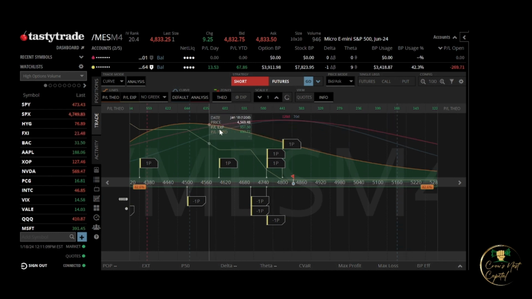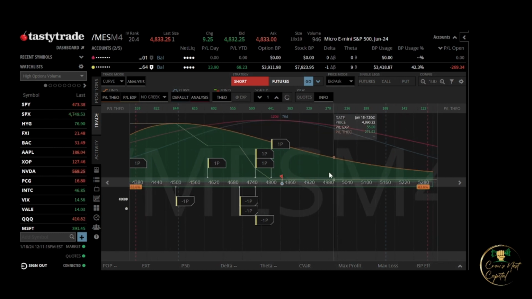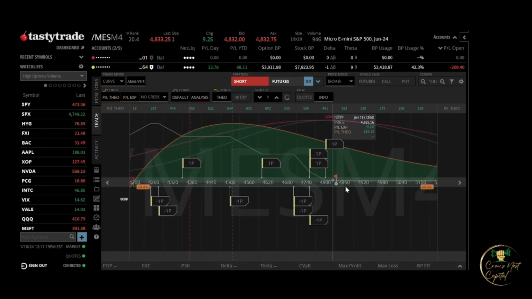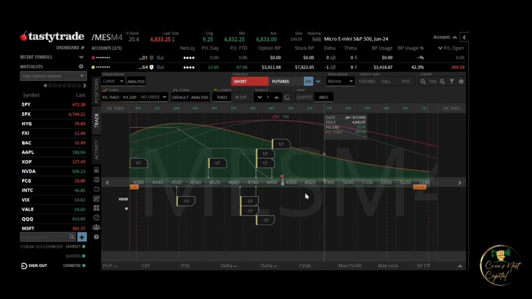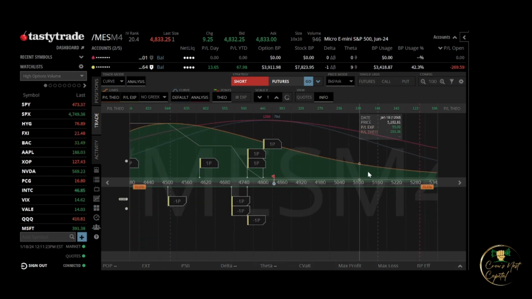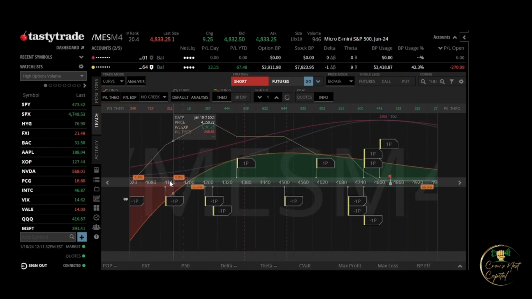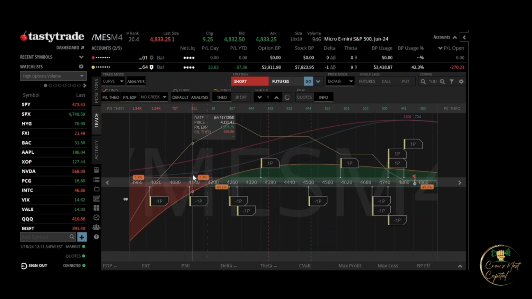So Tasty needs to update this because this isn't 100% accurate right now, but this is kind of showing what could be in about a month time. So this is how this trade sets up. So we should be okay if the market falls a couple hundred points. If it falls 1,000 points, that's when we start getting into trouble.